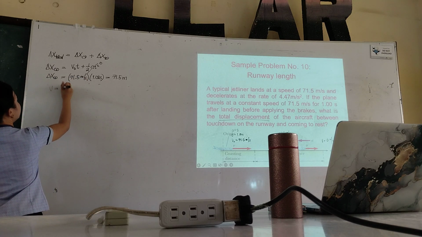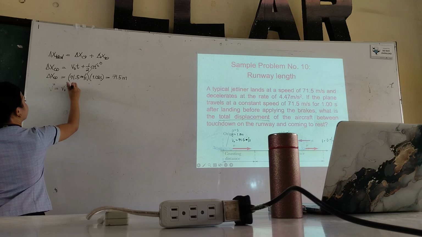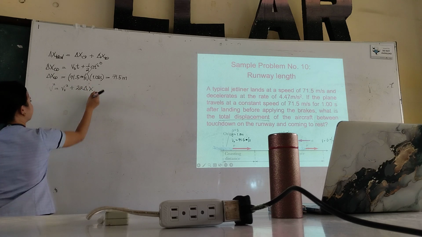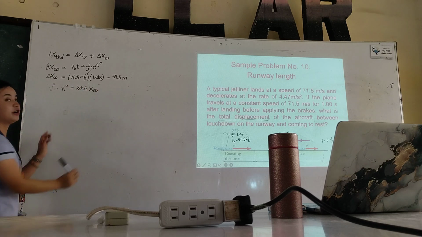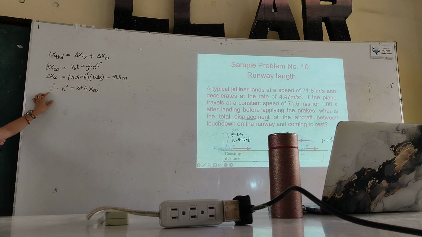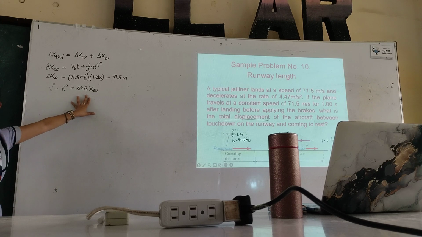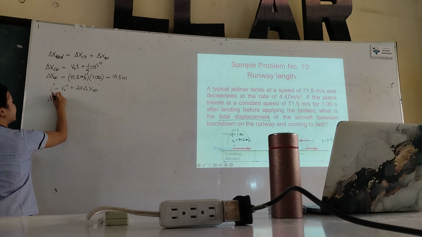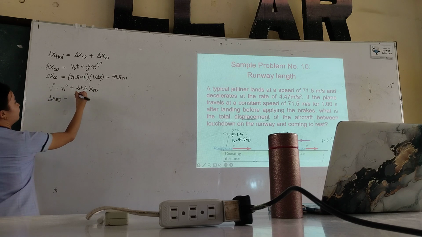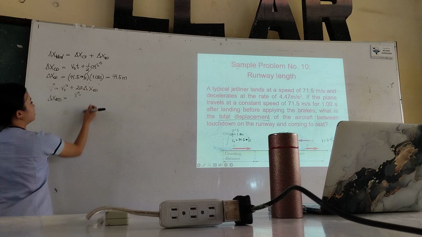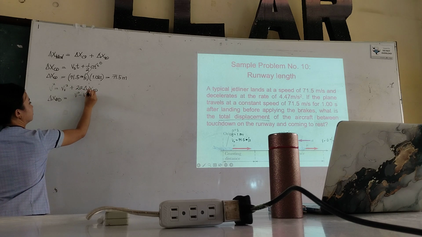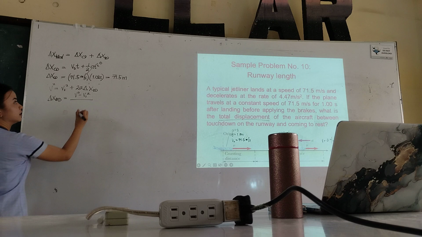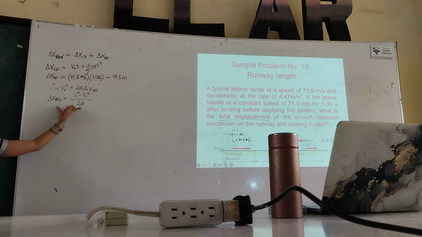You use the third equation, which is V squared is equal to V O squared plus 2A delta x distance. So to isolate the braking distance, you have V squared minus V O squared over 2A.